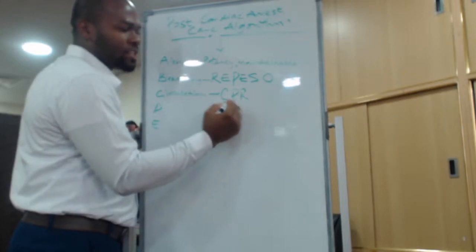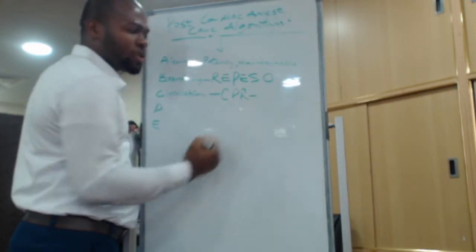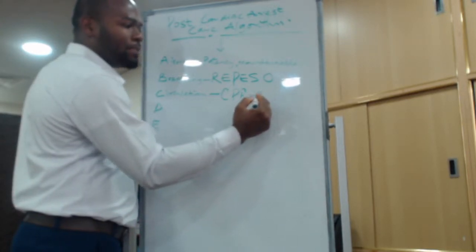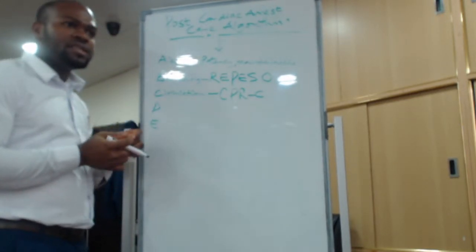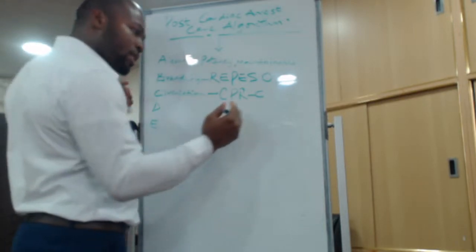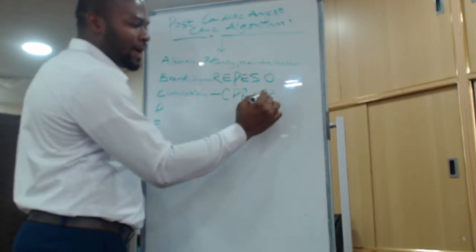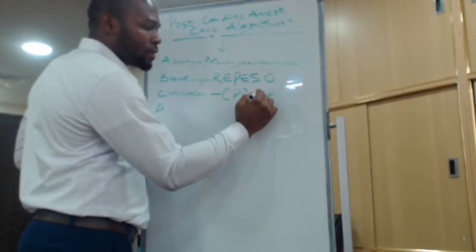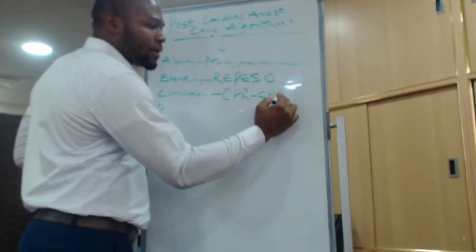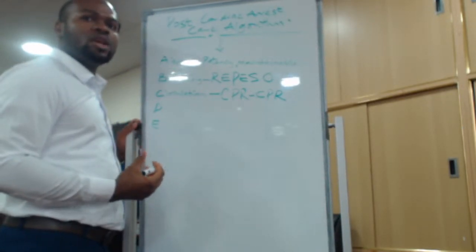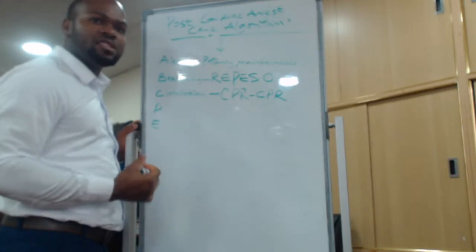R, the heart rate. What else can we assess in circulation? The capillary refill time, which is less than 2 seconds, the blood pressure, and the heart rhythm. It's expected that everybody learns how to understand and interpret ECG.